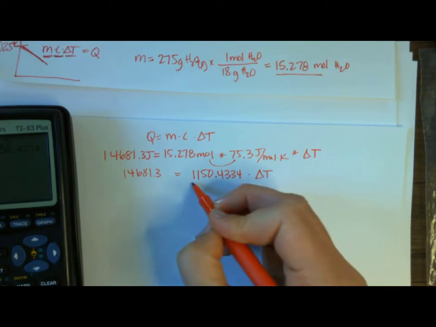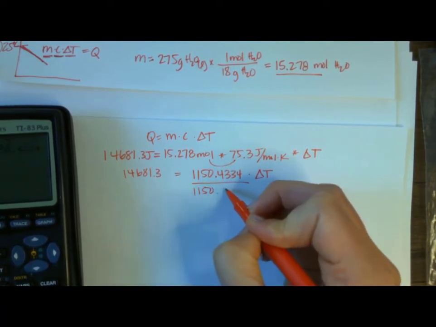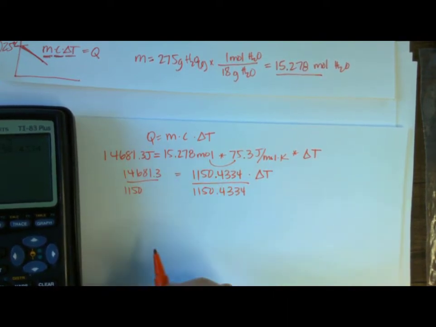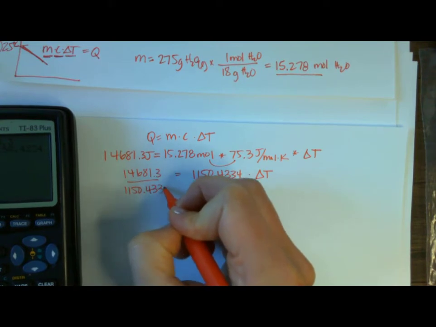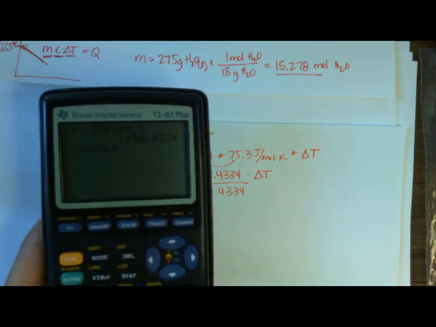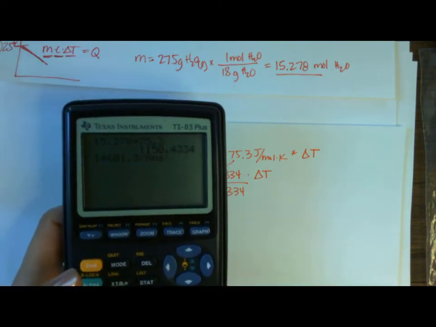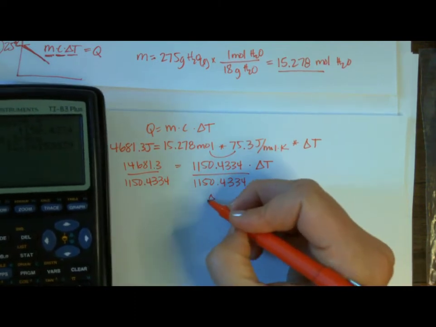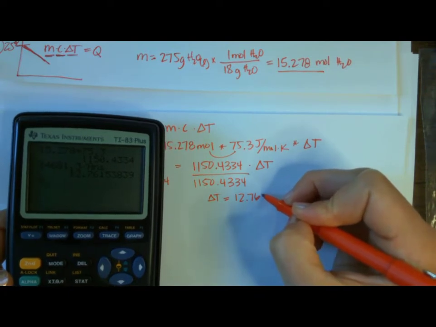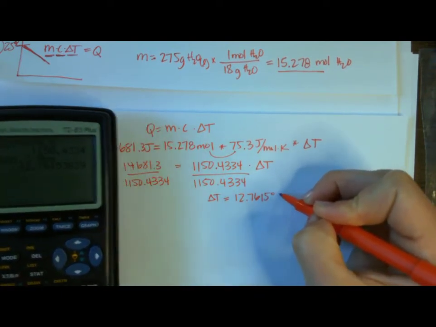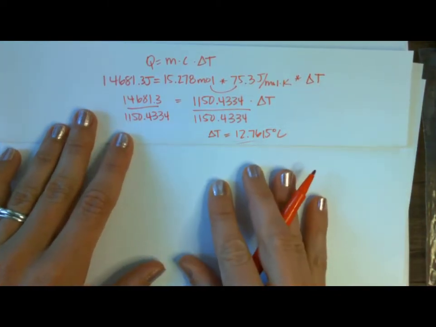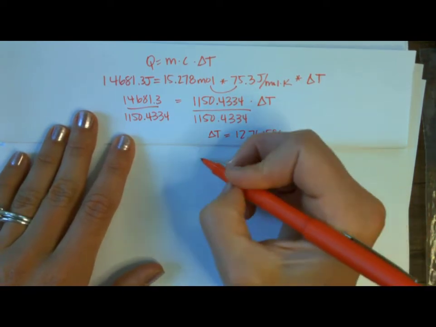And then to get delta T by itself, let's divide both sides by this. So we're just doing algebra. So 14681.3 divided by that answer. So delta T is equal to 12.7615 degrees Celsius. So I have my change in temperature. And remember, my initial temperature was 25 degrees Celsius.